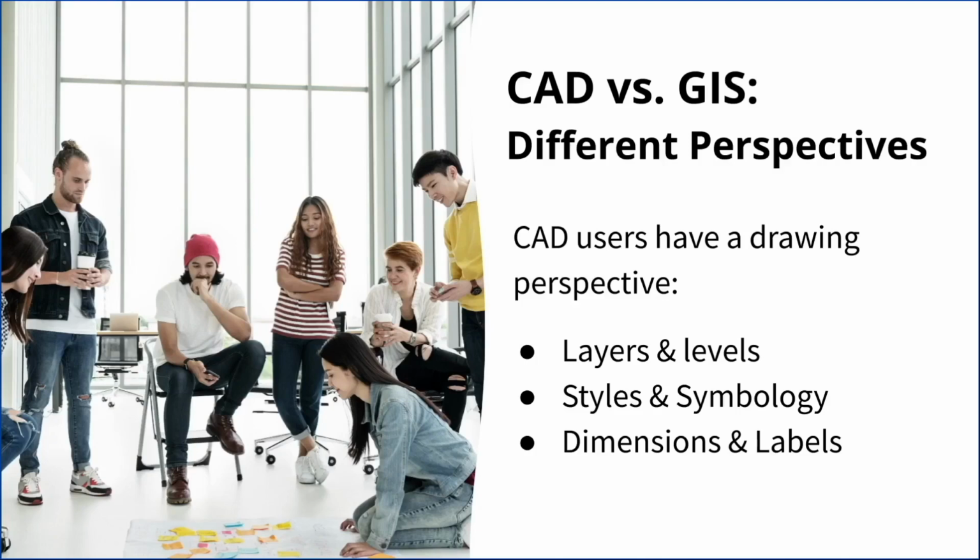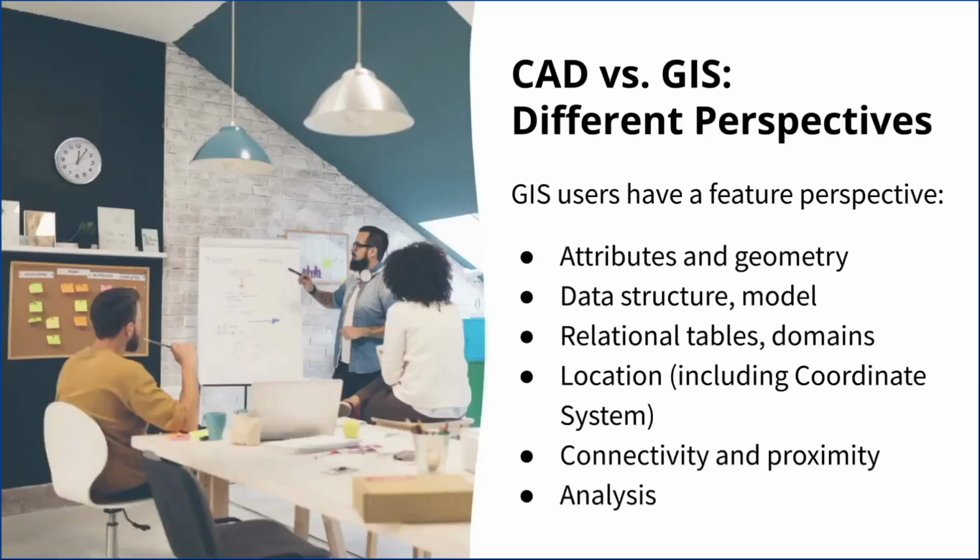They care about layers and levels, styles and symbology, labels and dimensions, but they're not typically interested in some of the same things that the GIS folks would care about. GIS people tend to care about data structure, data models, relational tables and domains, coordinate systems. That's a big one. A lot of CAD drawings don't know their coordinate system, and so they end up out in the middle of the Pacific or Atlantic Ocean.